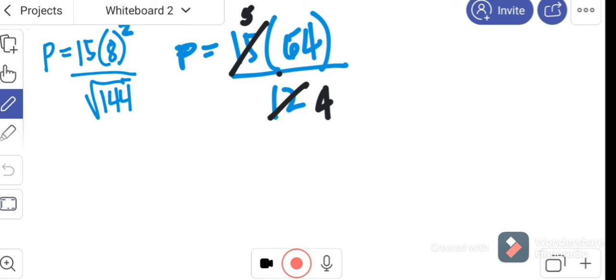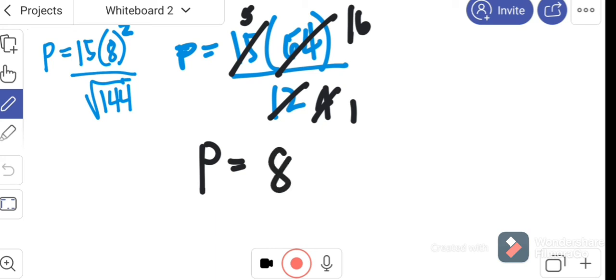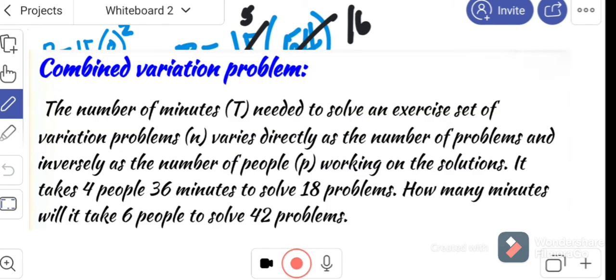Now, 64 and 4. 64 divided by 4, this is 1 in the denominator and 16 in the numerator. So P now is equal to 5 times 16, which is easier to multiply than having a big number, 15 times 64. And then in the denominator, we have 1 left. So the value of our P is 80.